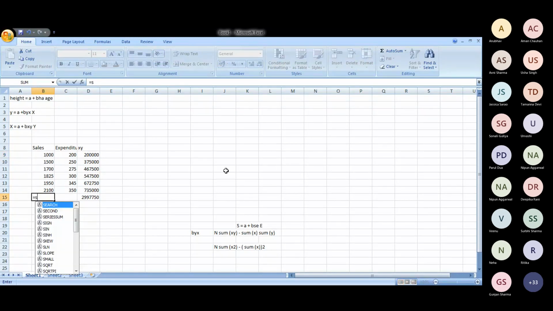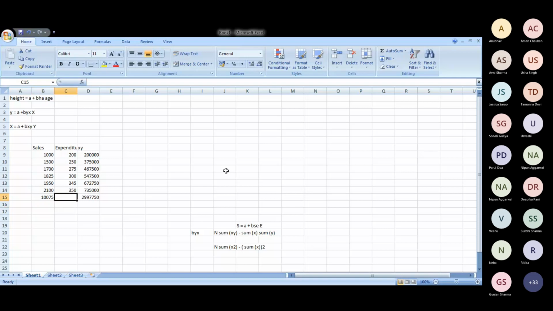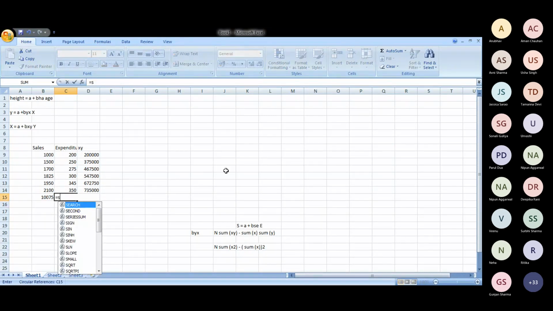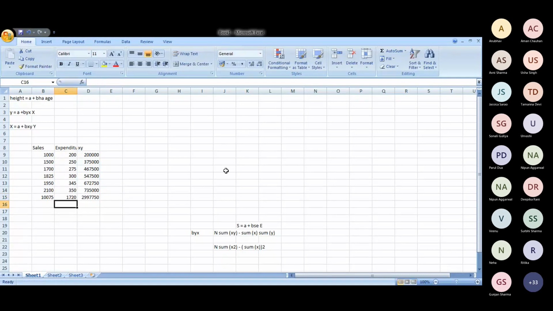This is the summation of x, and this will be your summation of y.